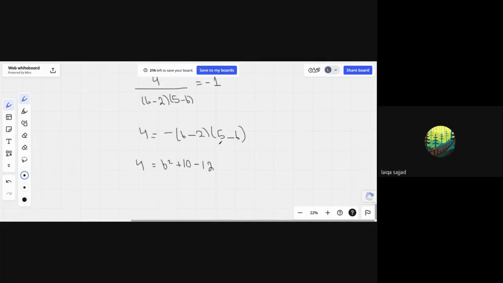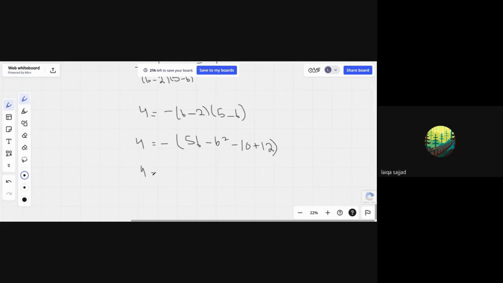Or you can multiply them first because I guess we are not getting it right. It will be 5b, so minus b squared, then minus 10.